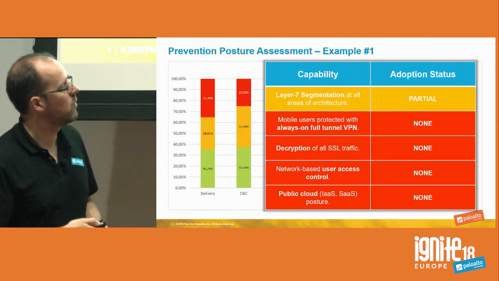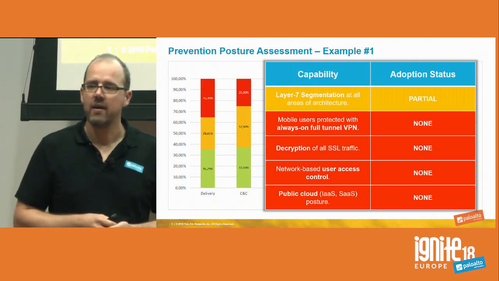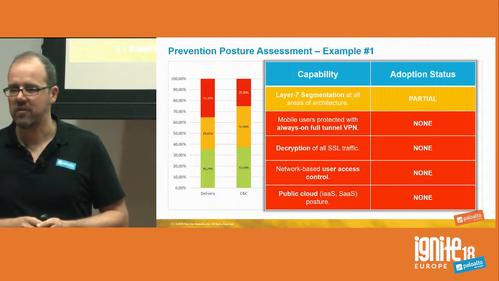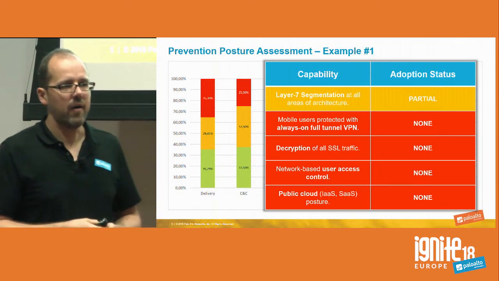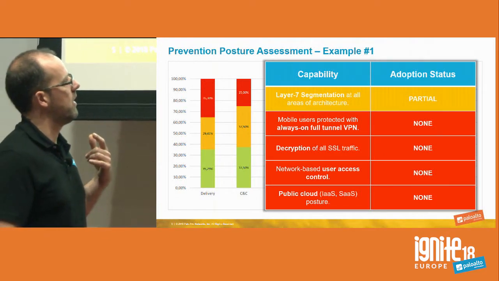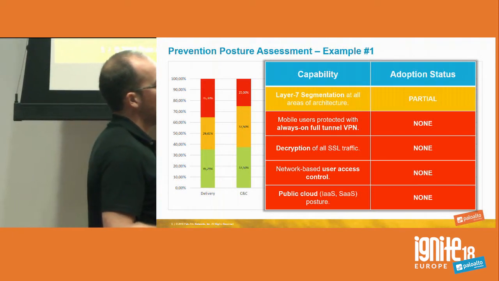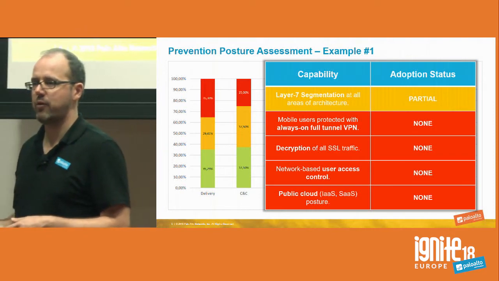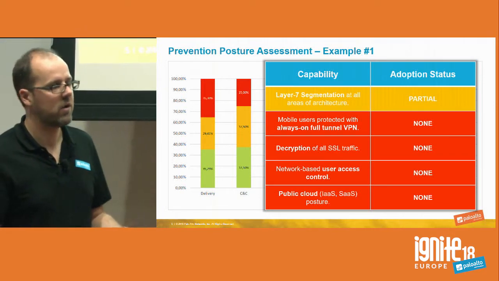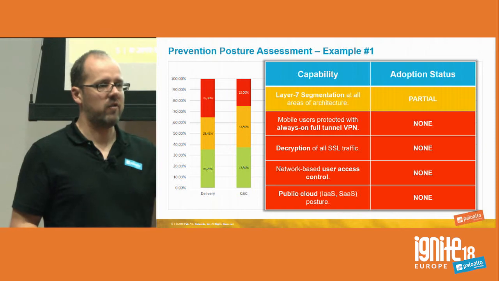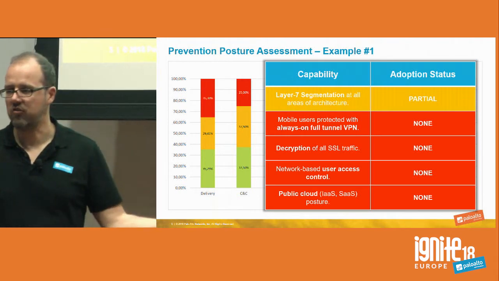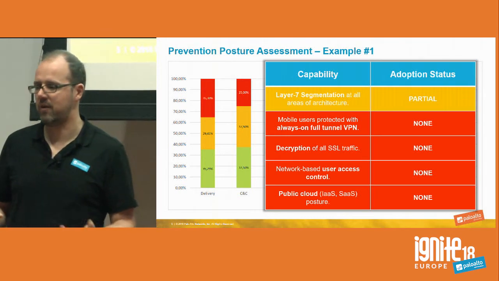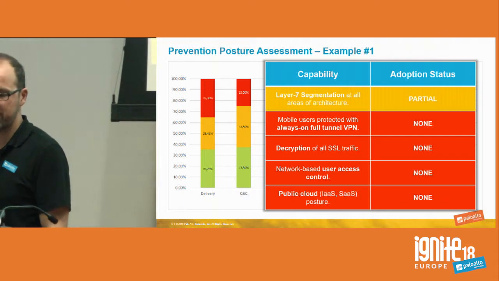And then the last one is kind of to sum up all the public cloud environments that customers are moving to, whether that's Azure or AWS or Google Cloud or any type of SaaS application. We see a big discrepancy between how they're protecting data that is inside their network versus data that is outside, that is in a cloud application. Often there is a big gap as well in their posture.